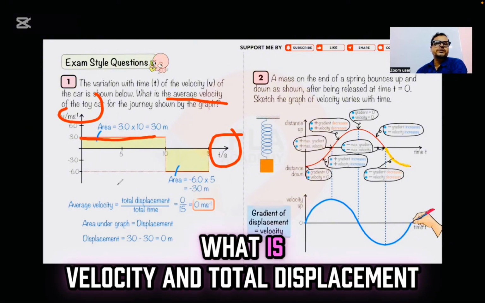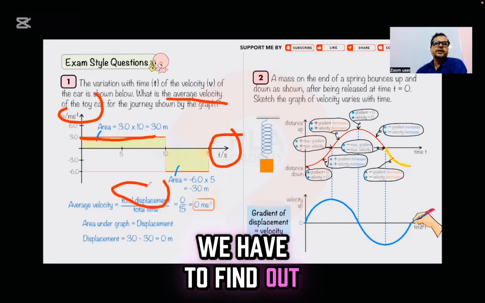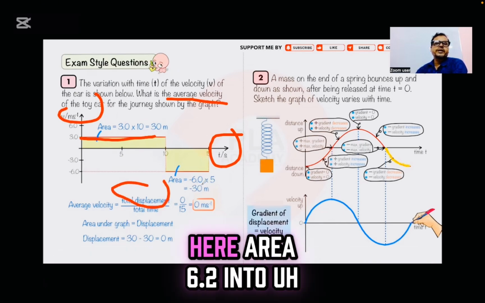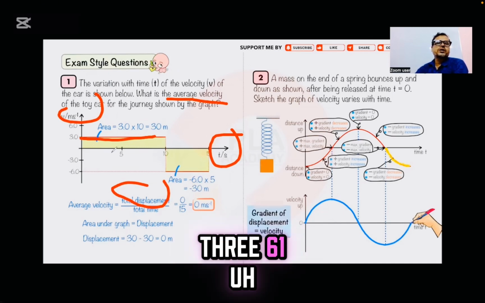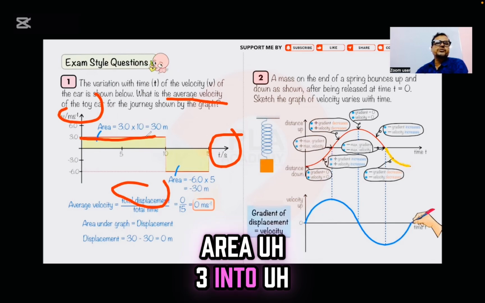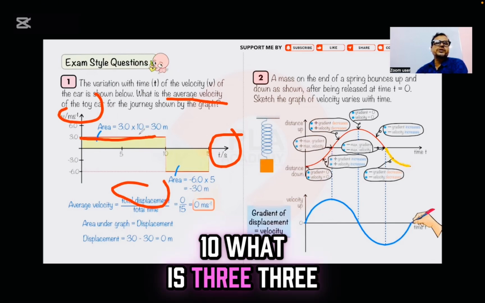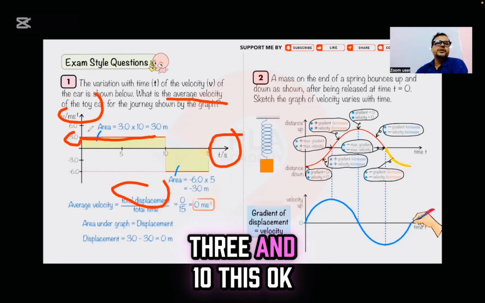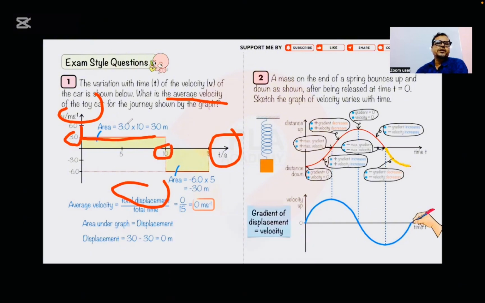We have to find the average velocity, and for that we have to find the total displacement. Here the area is 6.0 times 3, and the other area 3 times 10.